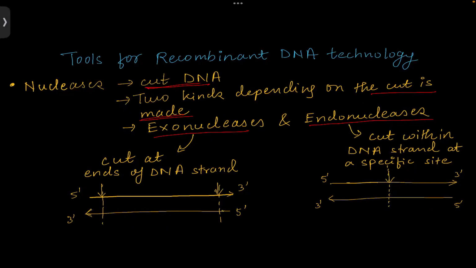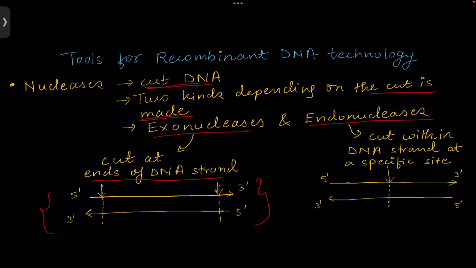Exonucleases have the tendency to cut at the ends of the DNA strand. If this is your double-stranded DNA sequence, the exonucleases will cut towards the ends, towards the 5' or 3' ends. They will not cut towards the center of the DNA sequence. Whereas endonucleases have the tendency to cut within the DNA strand, and that too at a specific site.